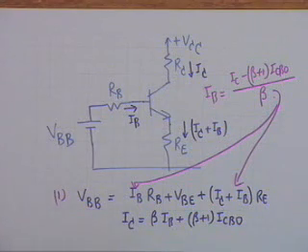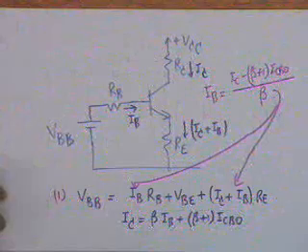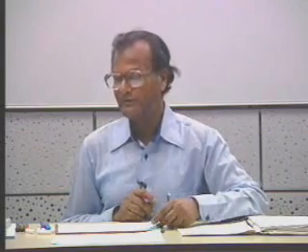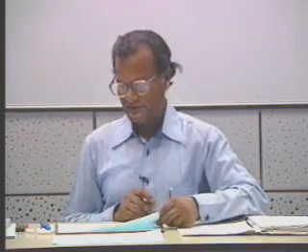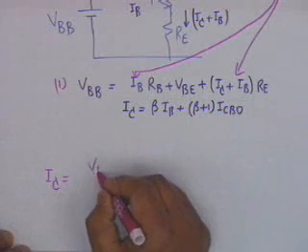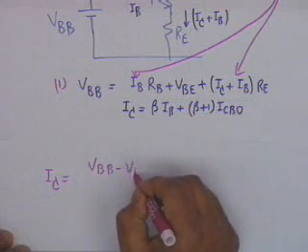The result after this algebra, which I shall skip, is as follows. Let me write down the complete expression. The expression is I sub C equals VBB minus VBE, and you can see where this comes from.